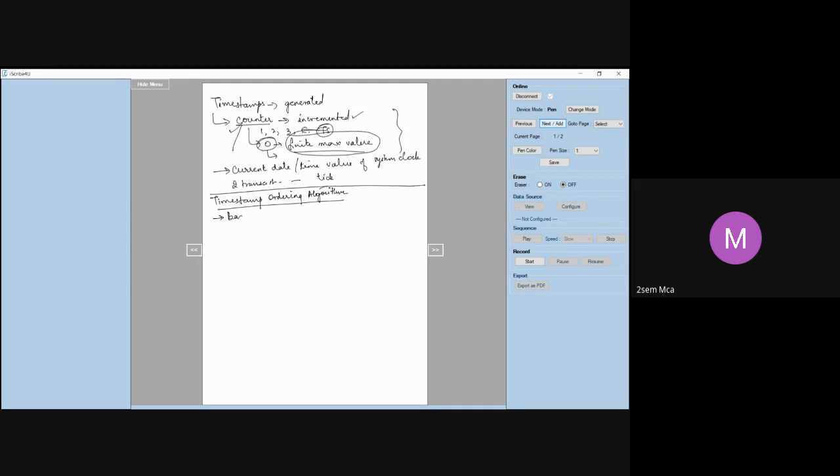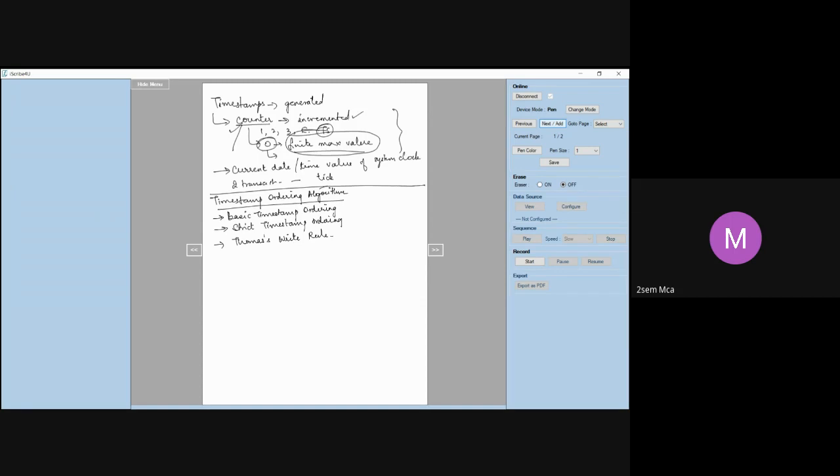One is called the basic timestamp ordering. Right? Then we have strict timestamp ordering. And then we have what is called Thomas Write's rule. Now these are the 3 different ordering algorithms.